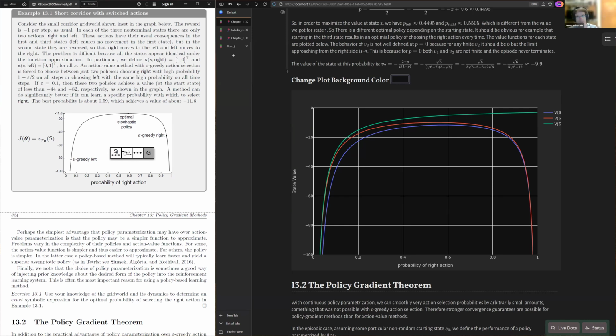But probably the difference is because of this asymmetry where from state 1, if we go left, we don't actually have any downside to going left in this state. I mean, we don't get further away from the goal for going left. Whereas here, if we end up going here, we do get further away from the goal because there's this sort of artificial wall here which prevents us from going.